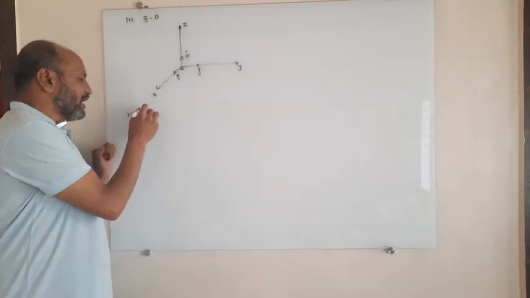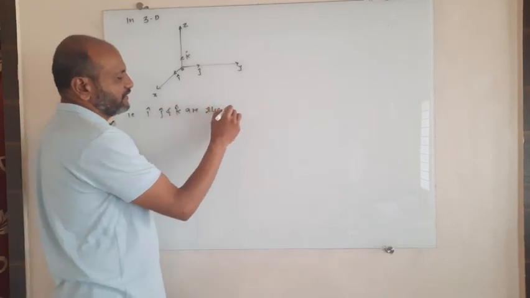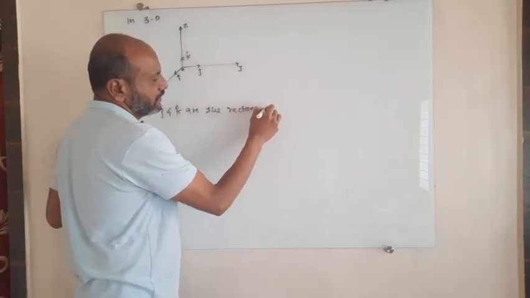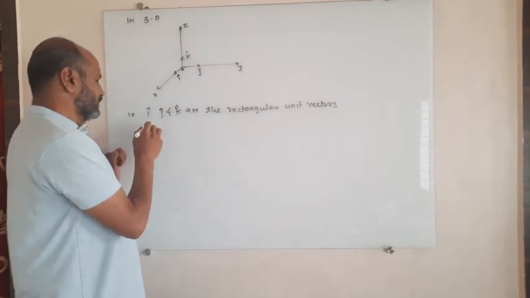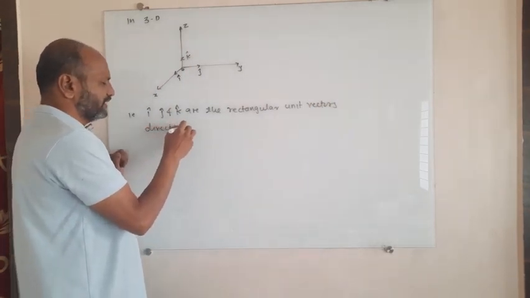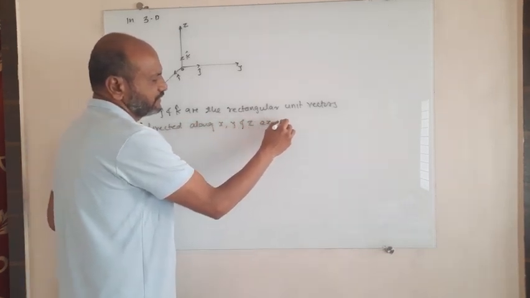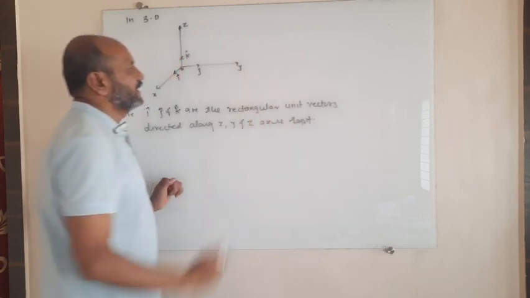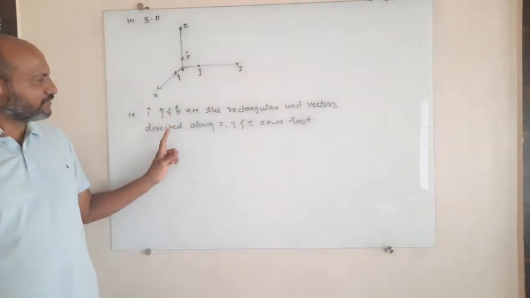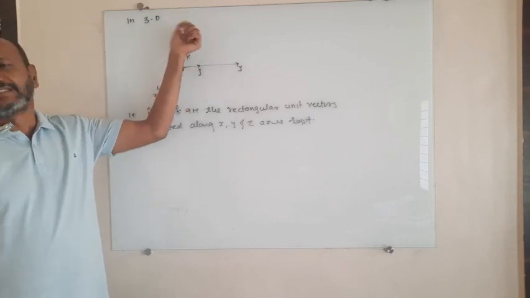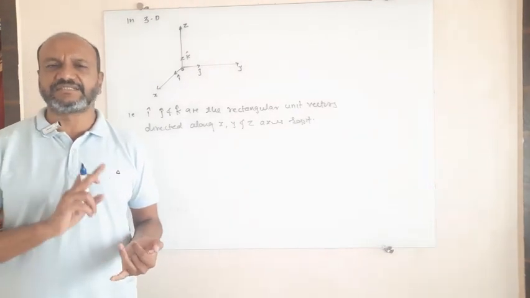That is, i, j and k are the rectangular unit vectors directed along x, y and z axes respectively.